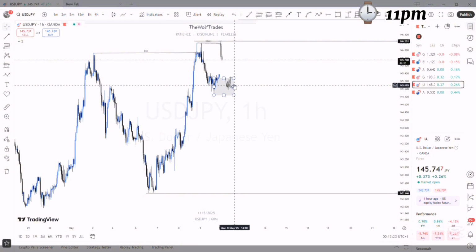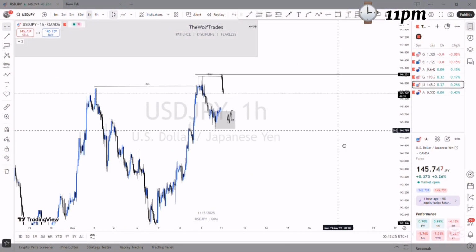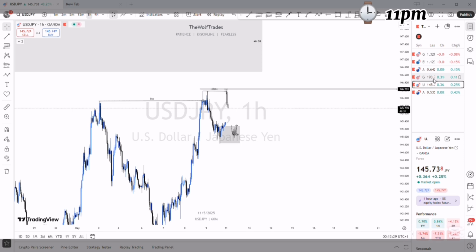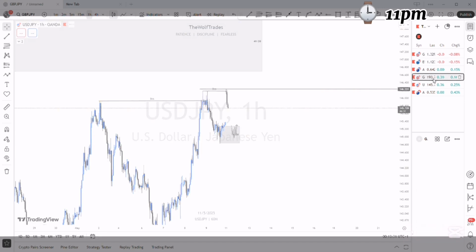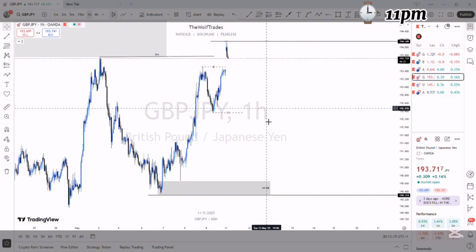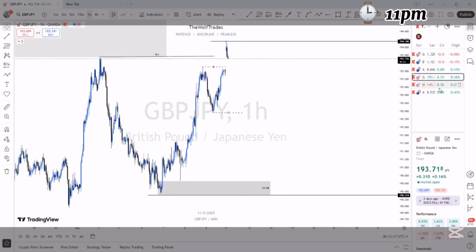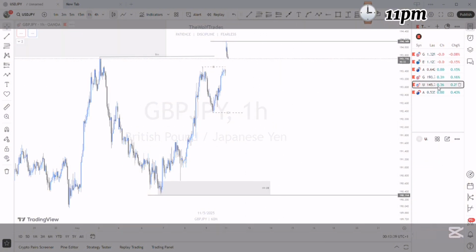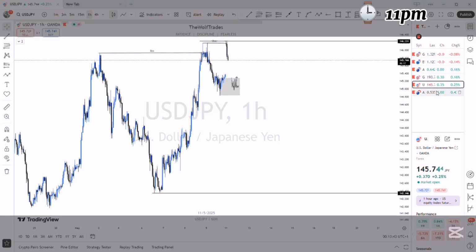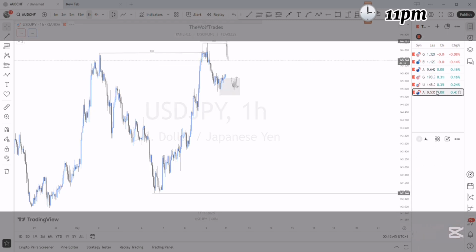As I said, the overall trade is a sell. As you can see, I'm waiting for price to tap into my zone. I'm looking for a sell. So let's move to the next pair.